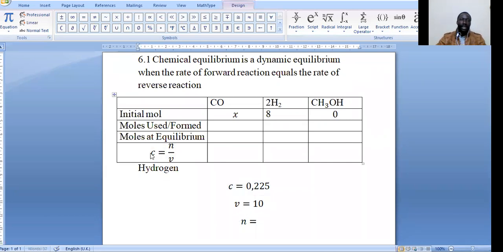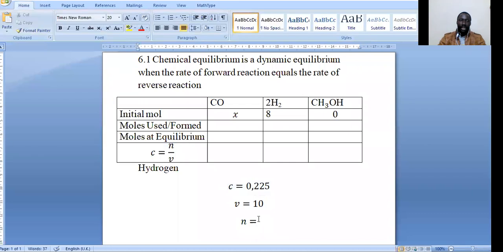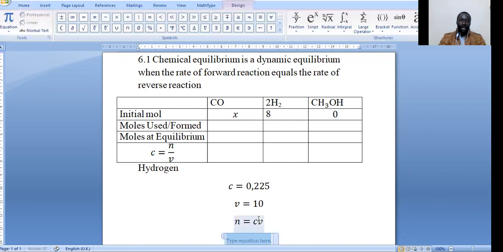The formula is concentration equals number of moles per unit volume. Since we are looking for the number of moles N, we multiply the concentration C times the volume V. So we get N equals C times V, that is CV, if you like. And when we substitute, what is the value of N going to be?